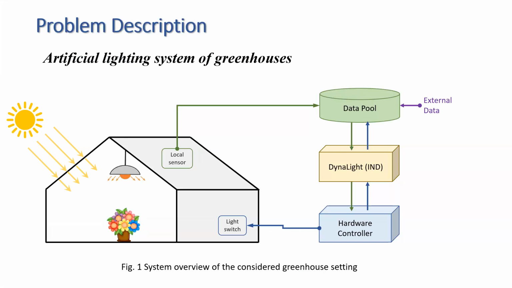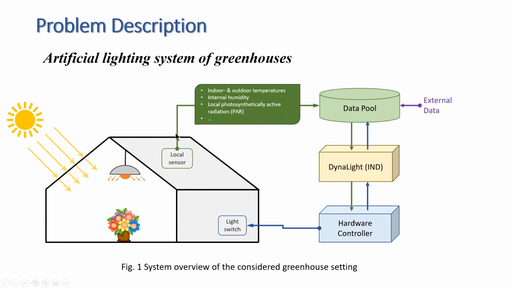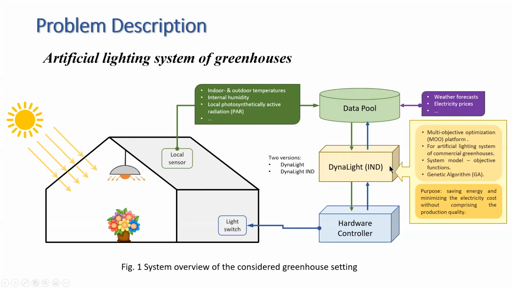So this is the demonstration of the artificial lighting system in greenhouses. First, the local sensors collect the data inside and outside of the greenhouse. Besides, there are some other external data like weather forecasts and electricity prices. All of these data are collected by the database. And in Journalite, we abstract the multi-objective problem of artificial lighting in greenhouses as an objective model.